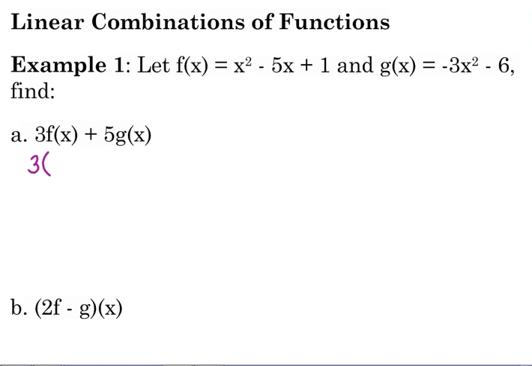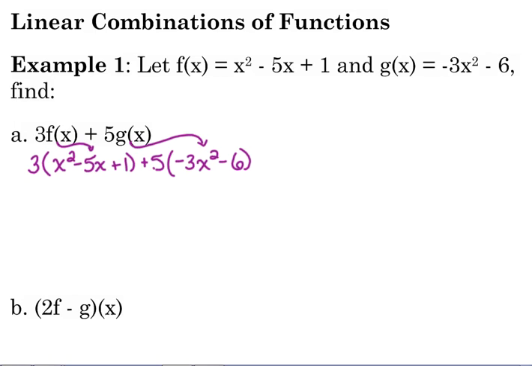We're going to put that function in the place of the f of x right here, and we're going to put the function that represents g of x in the place of g of x. So we've got 3 times that f of x function plus 5 times that g of x function.